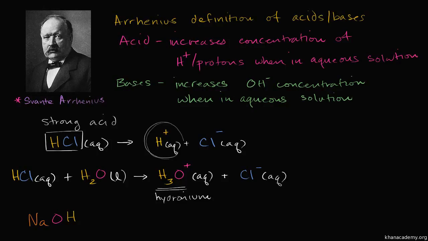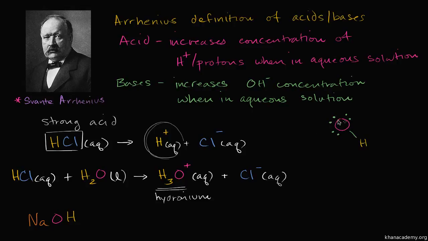And if you wanted to see what this molecule looked like, you have an oxygen having a covalent bond to a hydrogen. Let me do these in different colors. And it actually has 3 lone pairs right over here.